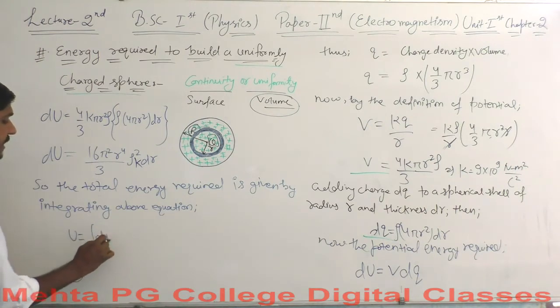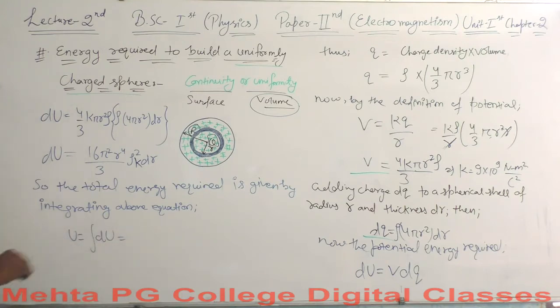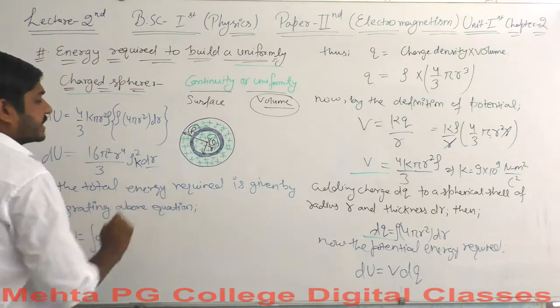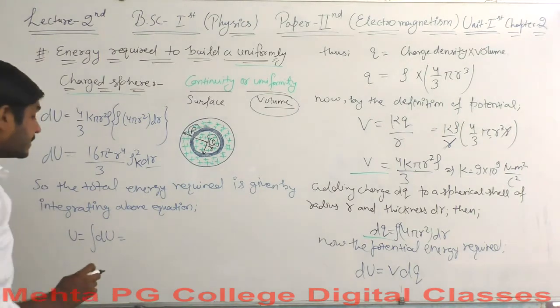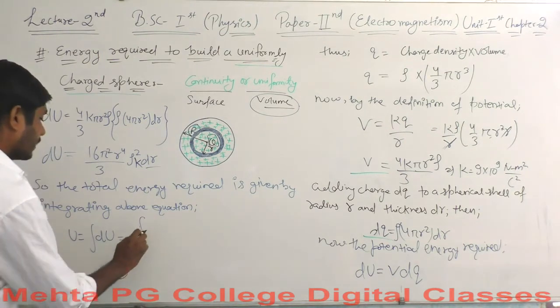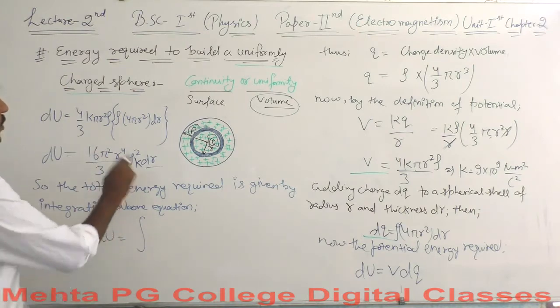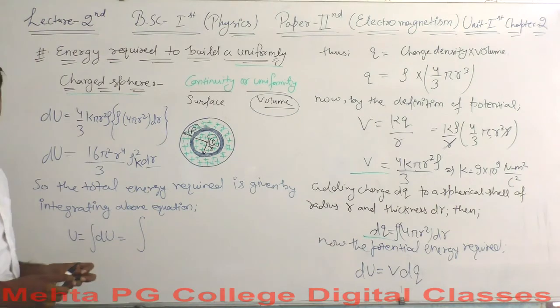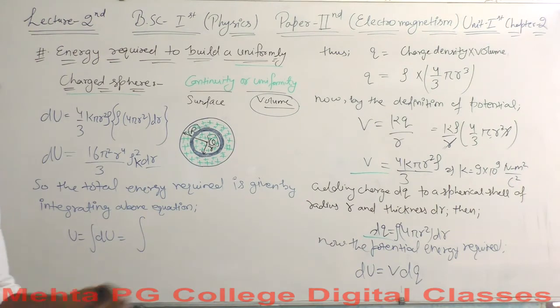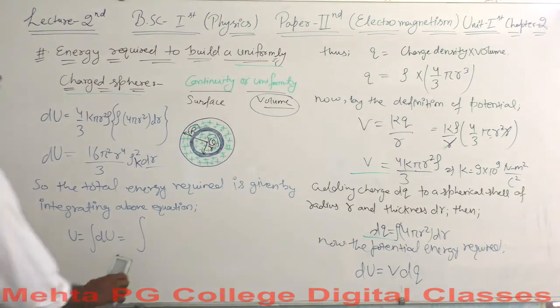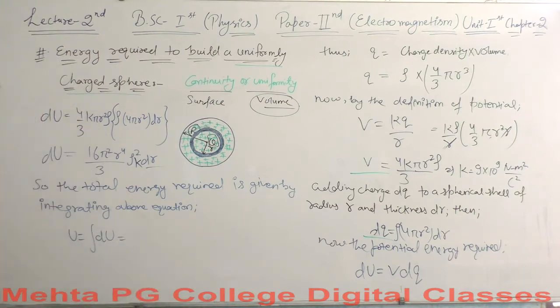U is equal to the integration of dU. So now let's integrate here. This should be integrated in terms of dr here. Okay. So 16π² over 3 or k, these are the things which are constant. So I can put them out of the integral here.